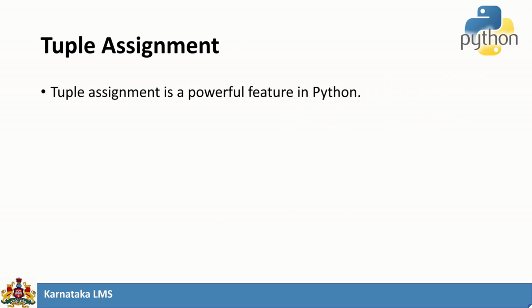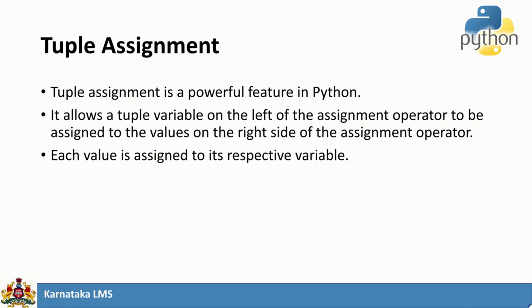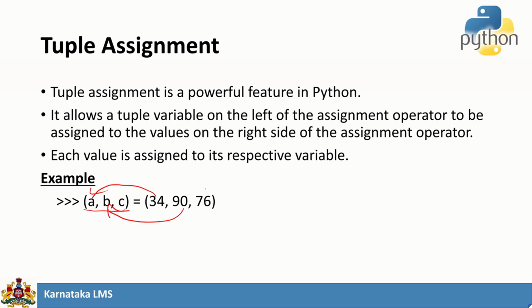Tuple assignment. Tuple assignment is a powerful feature in Python. It allows the tuple of variables on the left hand side of the assignment operator to be assigned the values on the right hand side. Each value is assigned to its respective variable. Consider this example. We have the variables a, b, c, and you want to assign a is equal to 34, b is equal to 90 and c is equal to 76.